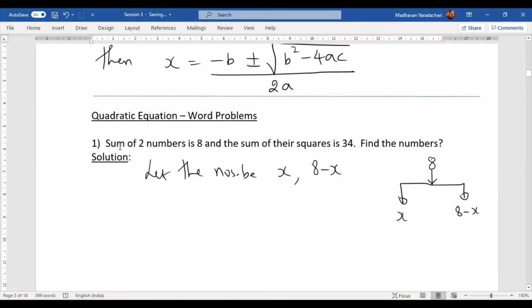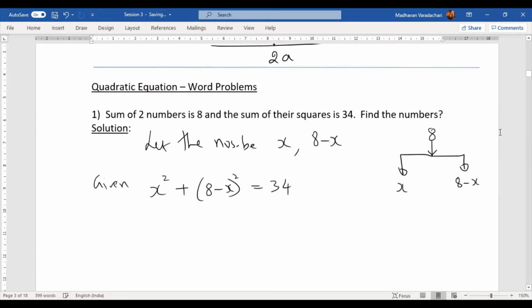Then sum of their squares is 34. x square, then another number is 8 minus x, square that. If I add these two, I should get 34. So this is also given in the question.